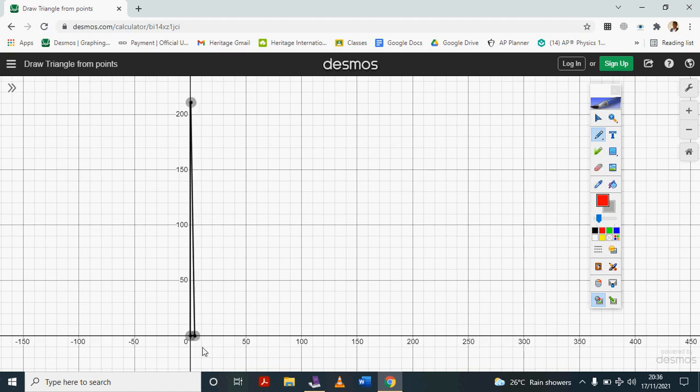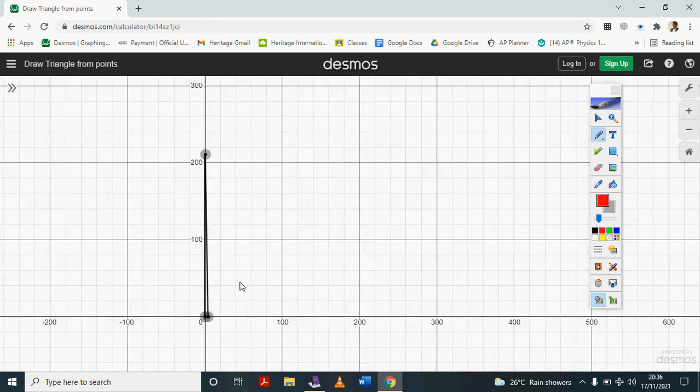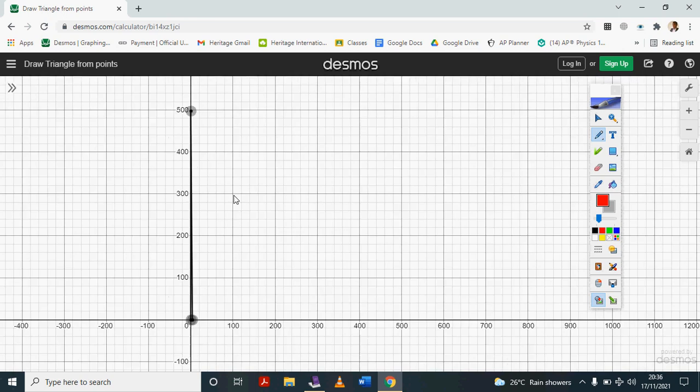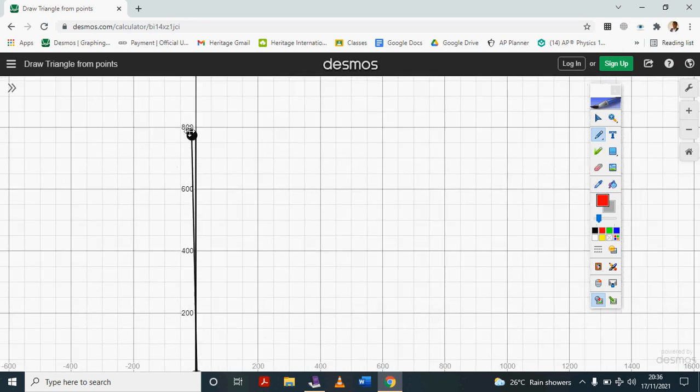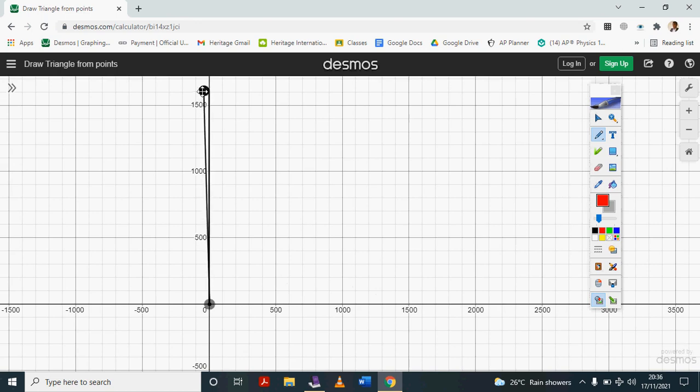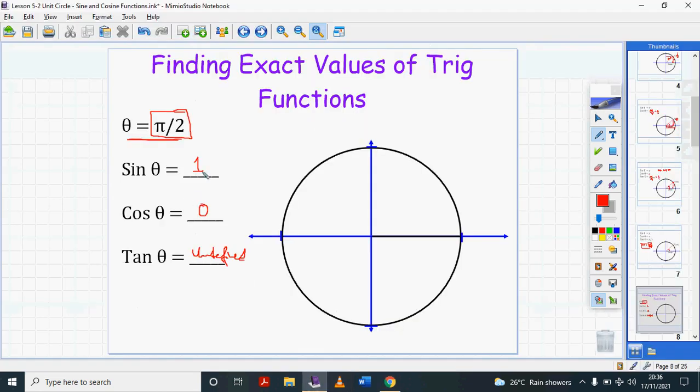And this angle down here gets closer and closer to 90 degrees. At some point when that angle is equal to 90 degrees, the opposite and the hypotenuse will be equal, and when they are equal, that's why the sine will be 1, because sine is opposite divided by hypotenuse. So if the opposite is equal to the hypotenuse, the sine of 90 degrees is 1.